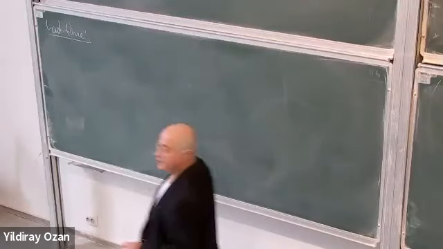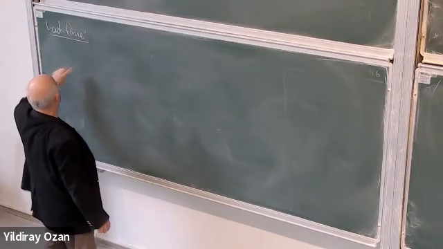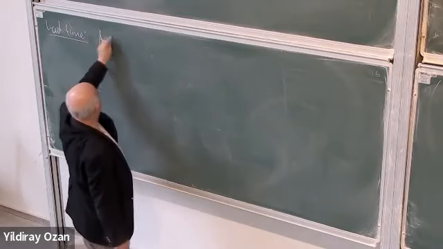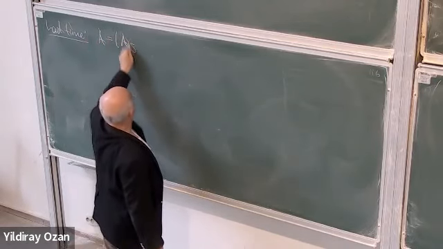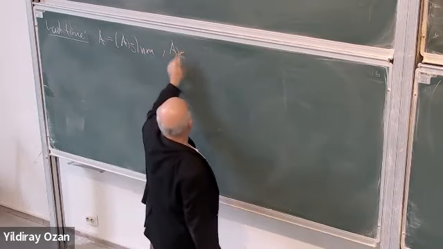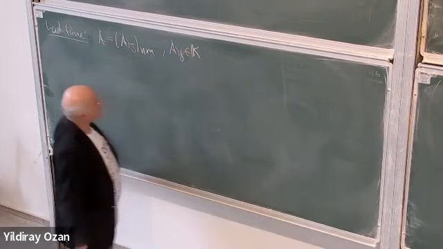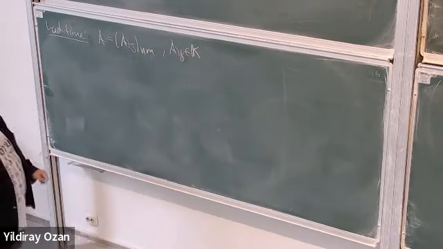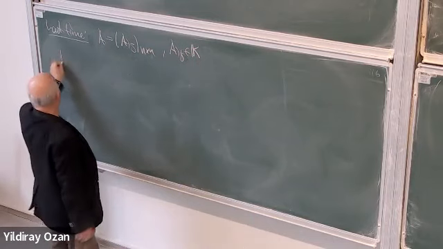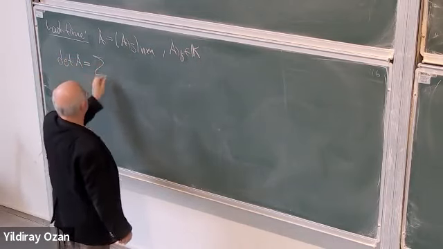Last time we were discussing determinants, right? So if A is an n by n matrix in some field K, then we define its determinant via permutations like this.